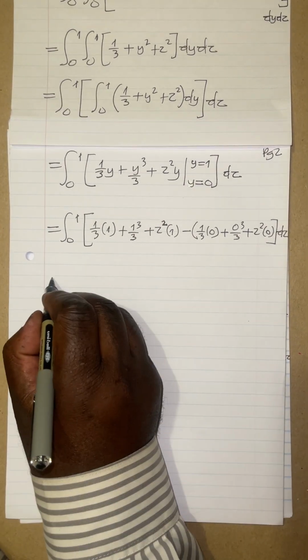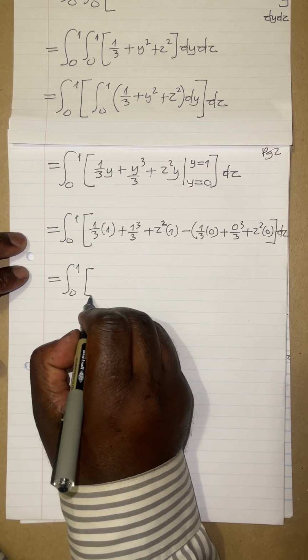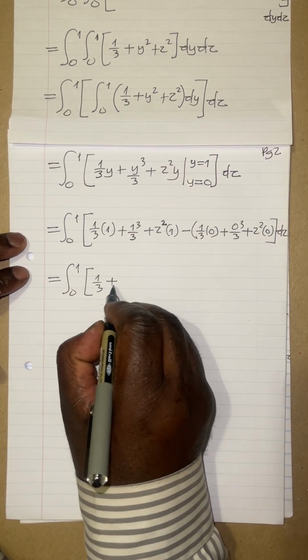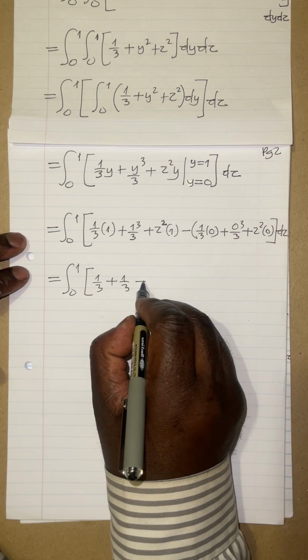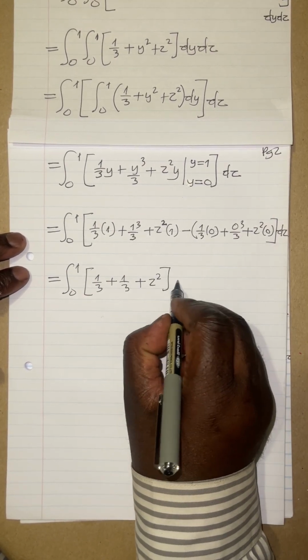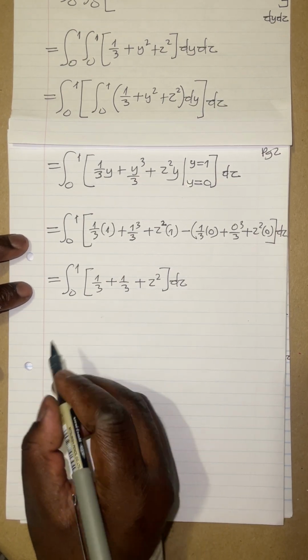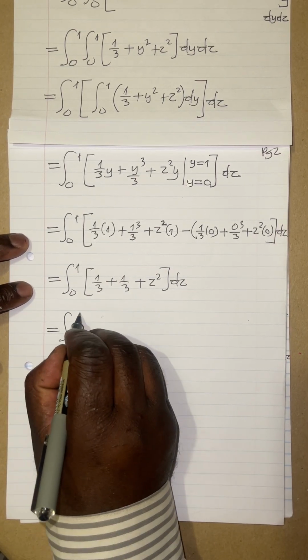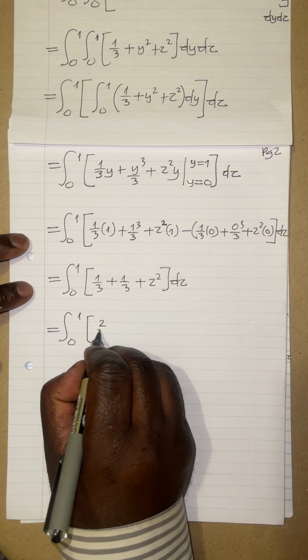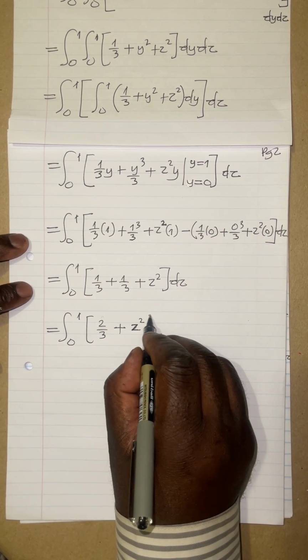Now if you check, this is the integral from 0 up to 1. This will be 1 over 3 plus 1 over 3 plus z squared, and then this is 0 all of it, and then we have the z outside. Now let's integrate this. Remember, this is 2/3, so this is the integral from 0 up to 1 of 2/3 plus z squared, and then the z.